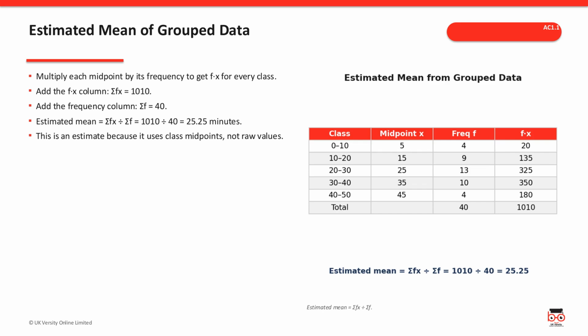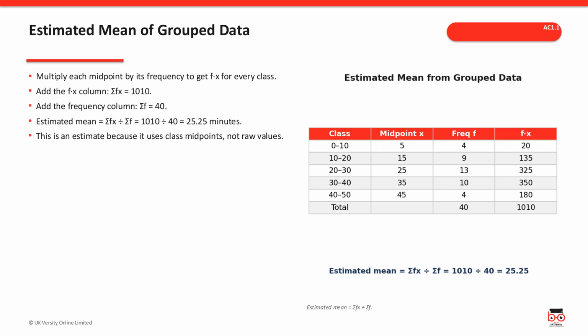To estimate the mean from grouped data, we multiply each midpoint by its frequency, giving an f times x for every class. 5 times 4 is 20, 15 times 9 is 135, 25 times 13 is 325, and so on down the classes.